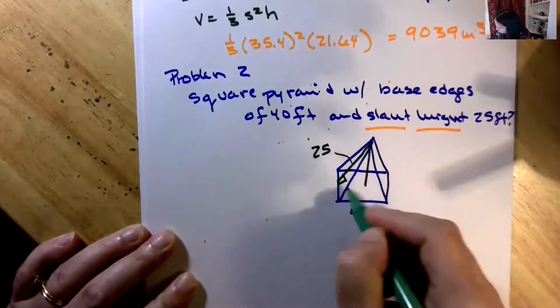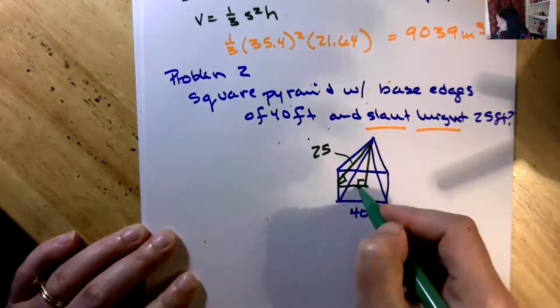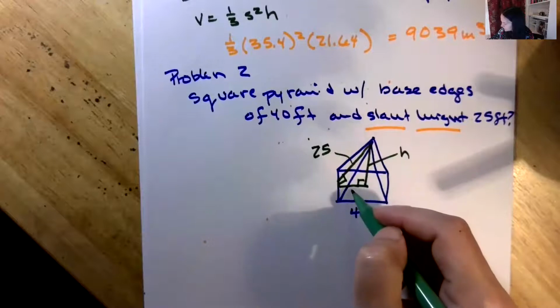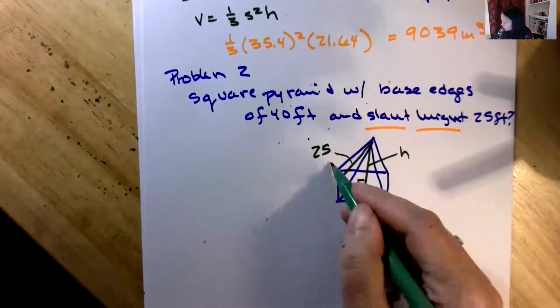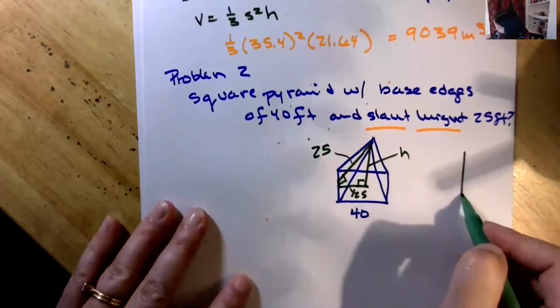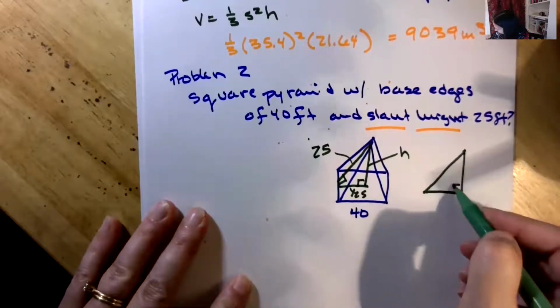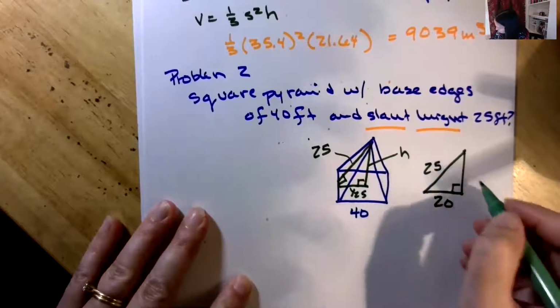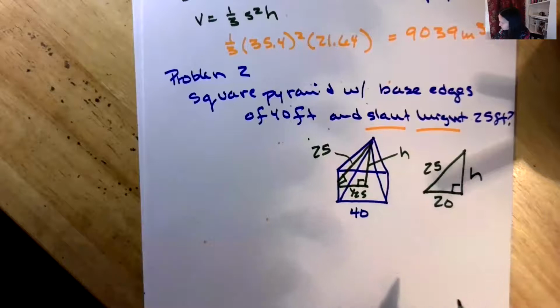If we were to make a right triangle, this would be our height, this would be half the side, and that would be our slant height. So I'm going to draw that right triangle right here. This is going to be 20. This will be 25. And this will be our height.